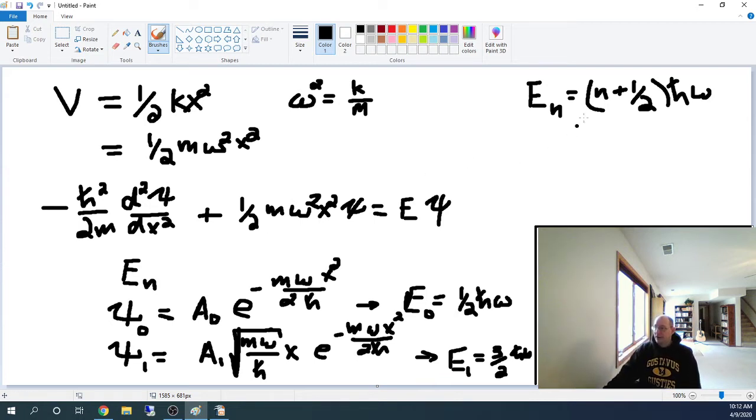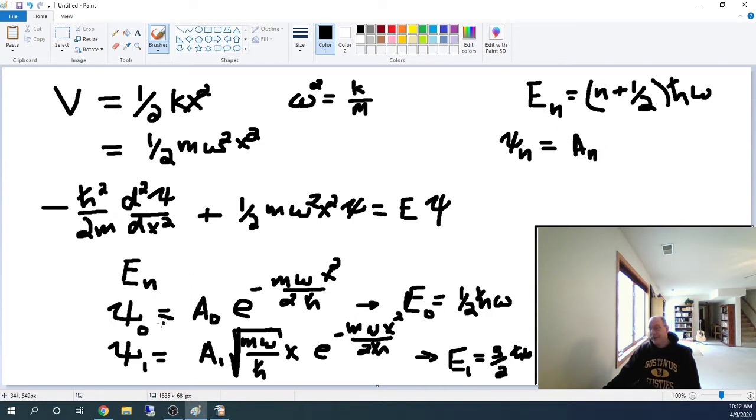So those are our energies, and then the wave functions would look something like this. It's a polynomial, which I guess I'll write down here. Psi n is equal to some constant, which I'll call a sub n. There's a different constant in front, and these are the normalization constants.